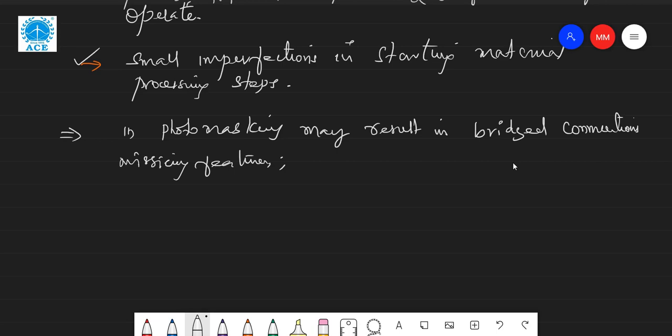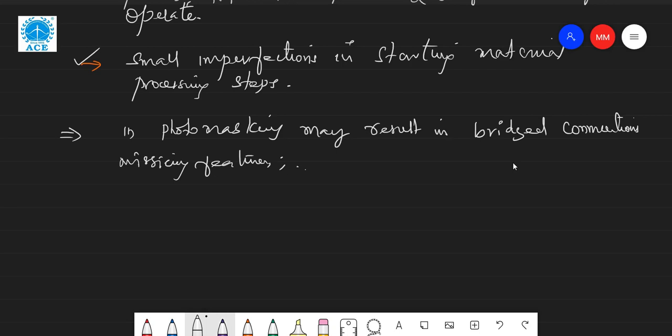There are so many possibilities. After fabrication we may get a fault in connections or a fault in output.